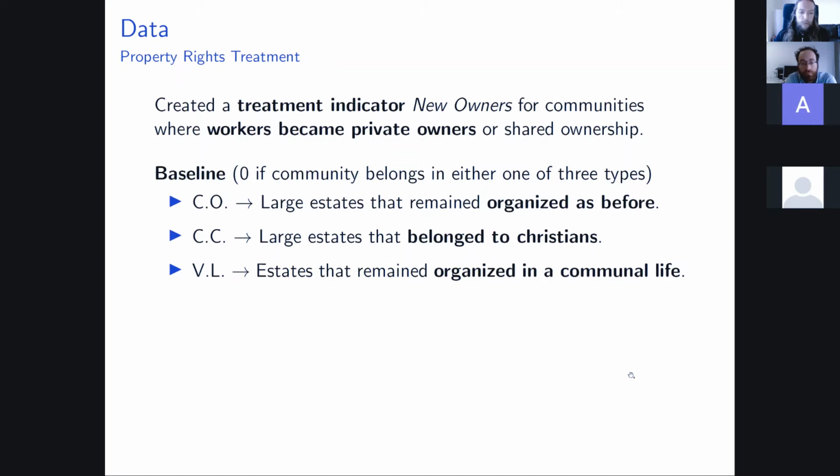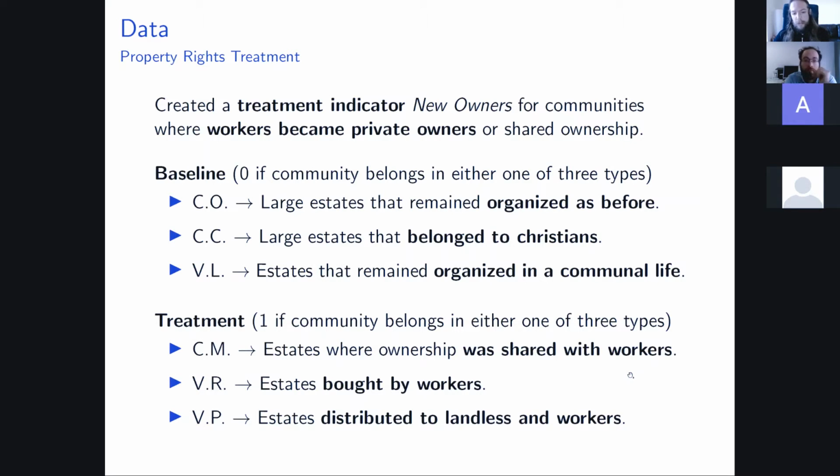So you can think of the treatment as the places where you have owners that were not owners before. So you are either ex-workers or you are landless that became owner for the first time. So essentially the treatment is becoming an owner for the first time, and specifically a small landowner most of the time.